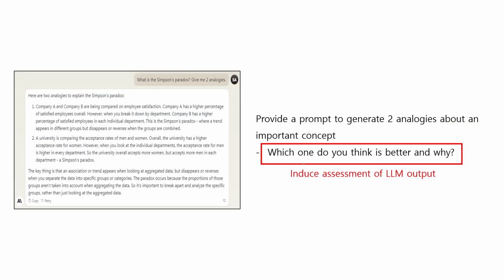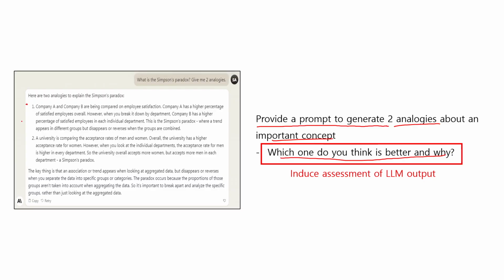The next category is AI augmented assignment. In this case, you provide a prompt to the students and have them generate two analogies about an important concept they learned during class. And sequentially, you ask, which one do you think is better and why?